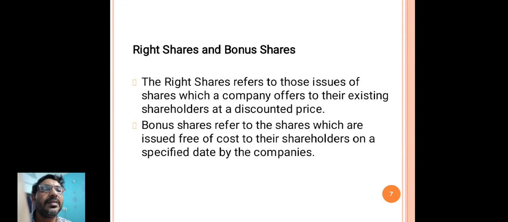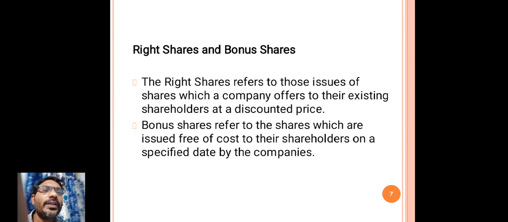The right shares refer to those issues of shares which a company offers to their existing shareholders at a discounted price.